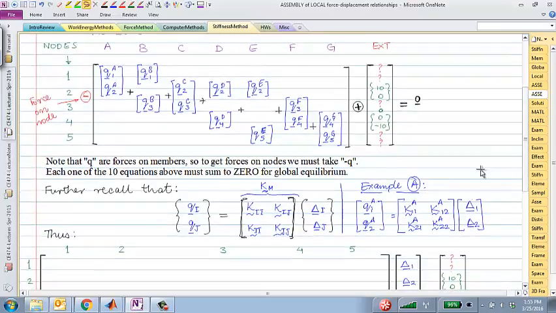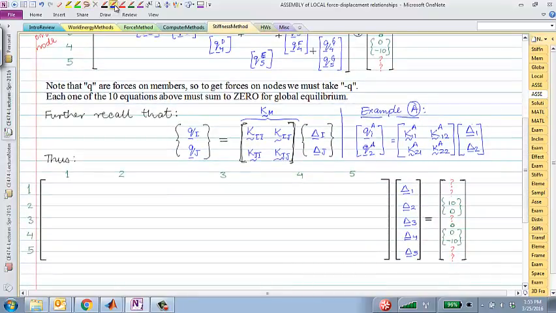And if I try to substitute this relationship into the global vector, the way to do that would be to write here KA11. The contribution at node 2 would be KA12. Contribution at node 2, 1 would be KA21 and KA22. So all I've done is I've added the contribution from element A to this big system of equations.